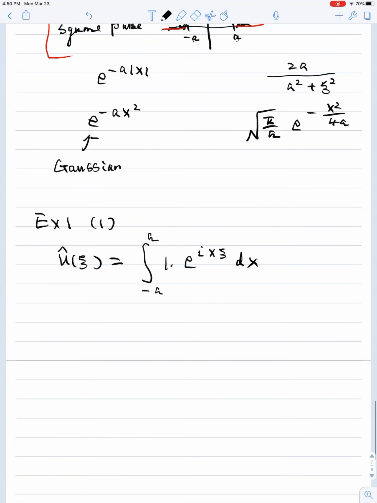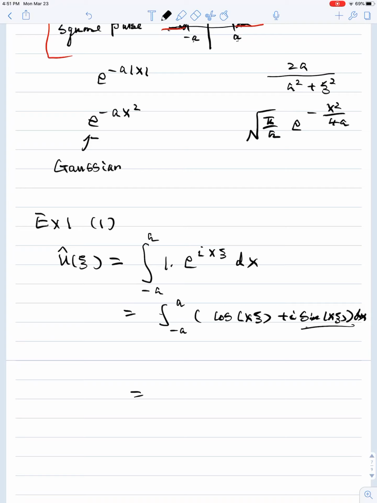Okay, remember this is cosine x xi plus i sine x xi, dx. Once you do the integration, you will know that the cosine term is an even function and the sine term is an odd function, so the integral of the odd part is going to be 0, and you have only the cosine term left.